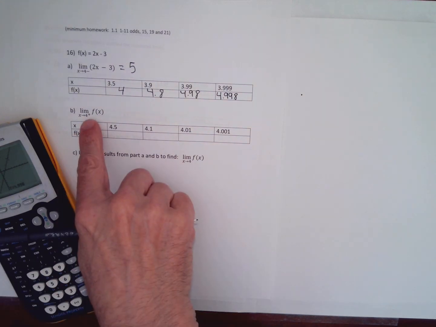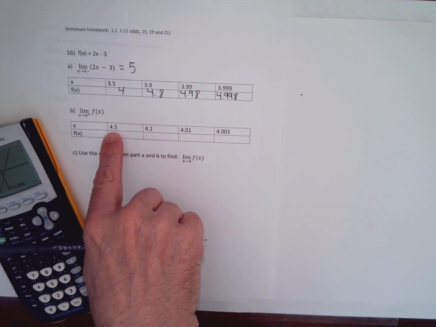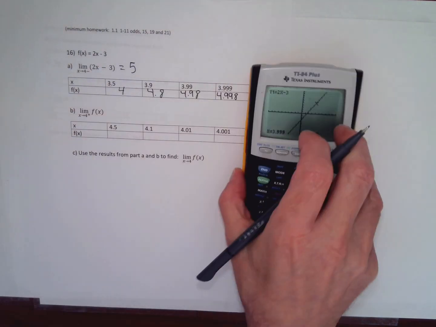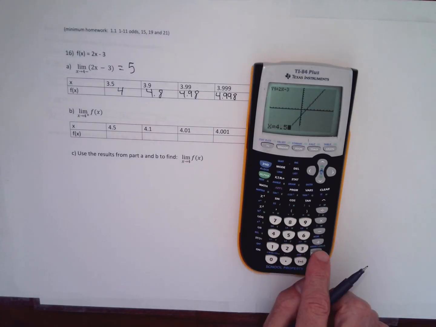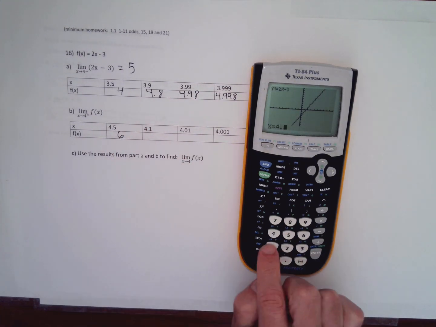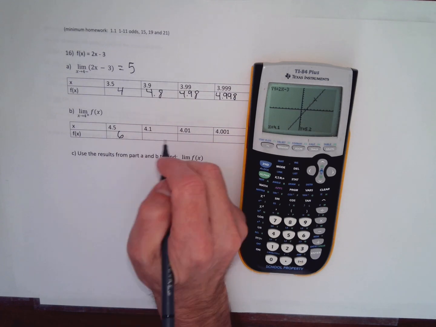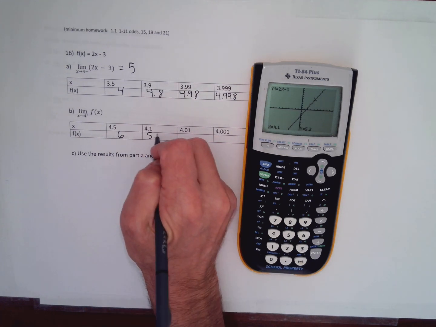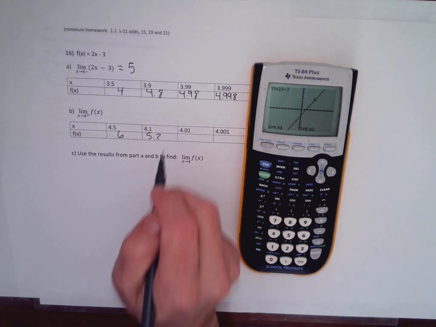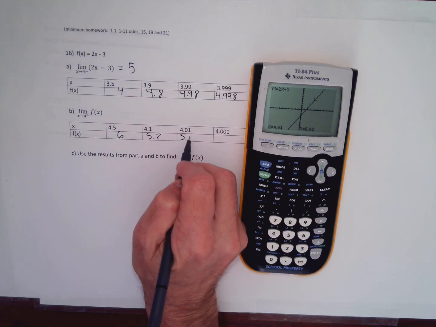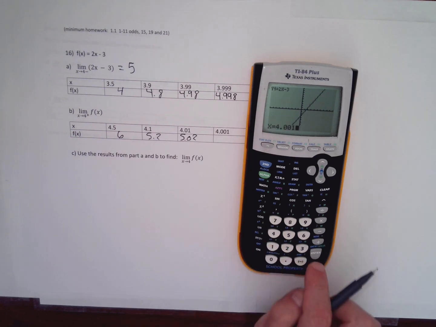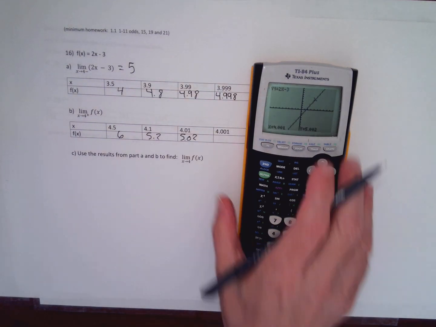Now I'm going to do the right-hand limit by plugging values in that are bigger than 4 but getting closer to 4 and writing down their y's. So I'm going to do 4.5 and get 6, 4.1 and get 5.2, 4.01 and get 5.02, and 4.001 and get 5.002.